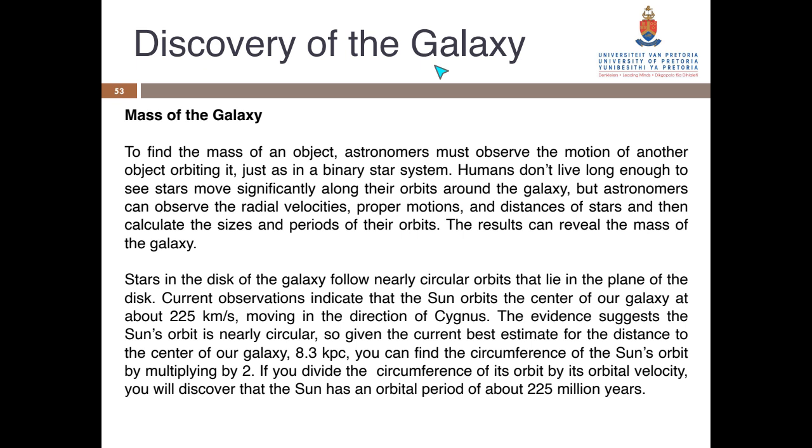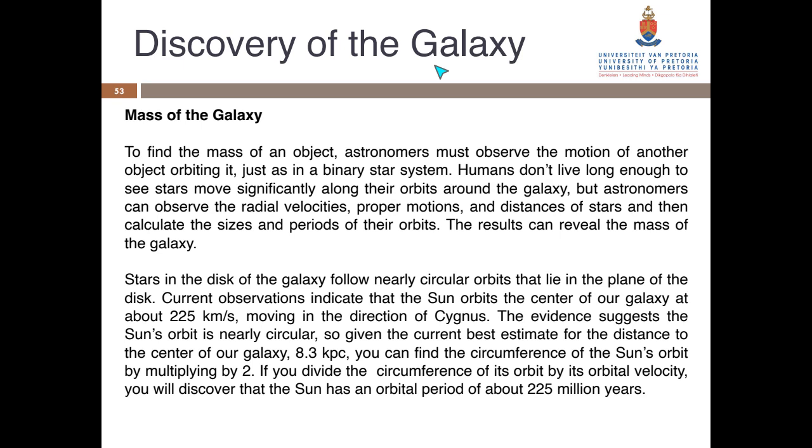Current observations indicate that the Sun orbits the center of our galaxy at about 225 kilometers per second, moving in the direction of Cygnus. The evidence suggests the Sun's orbit is nearly circular. So given the current best estimate for the distance to the center of our galaxy, 8.3 kiloparsecs, you can find the circumference of the Sun's orbit by multiplying it by 2π.